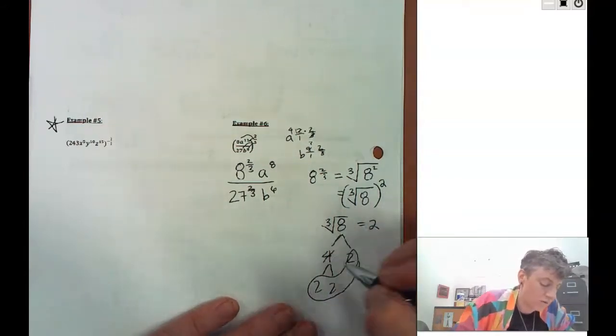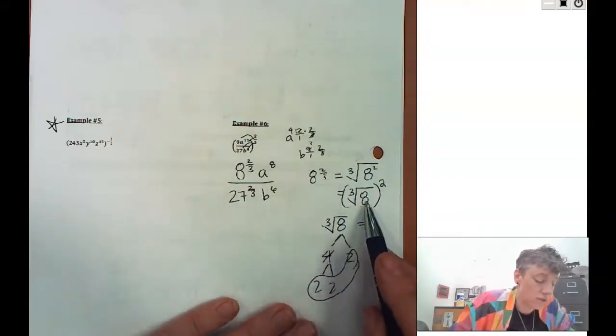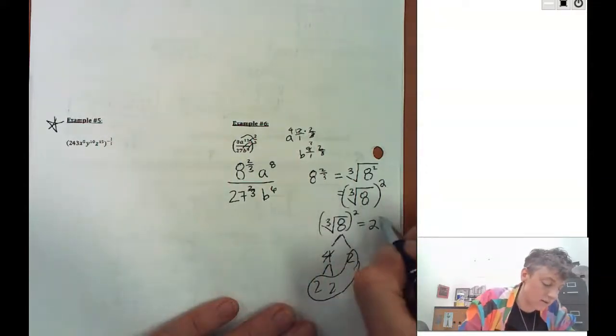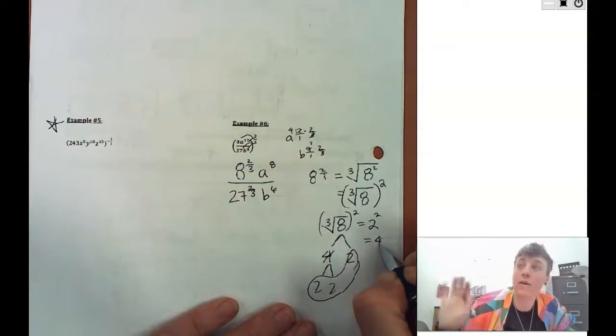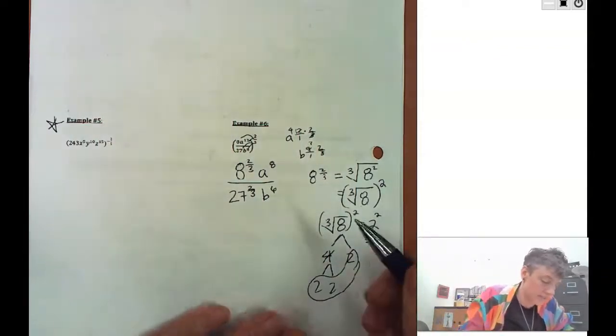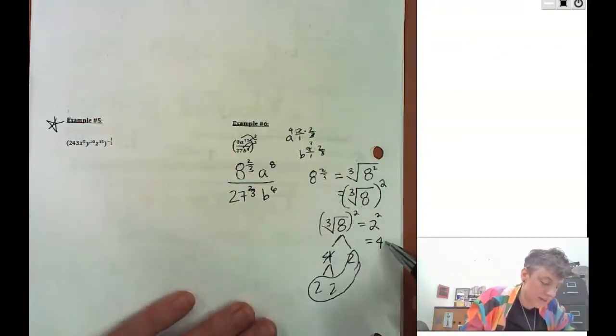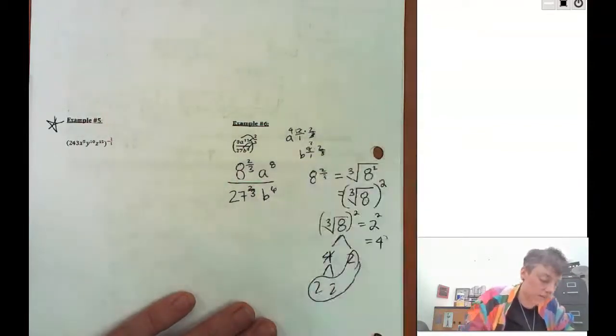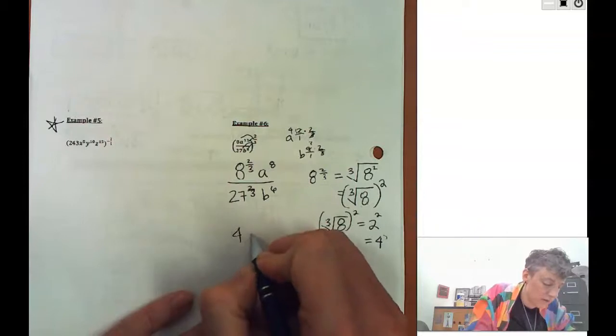So now the cube root of 8, which is 2, squared is going to be equal to 4. So that means that 4 is going to go in place of 8 to the 2/3. 4a to the 8.